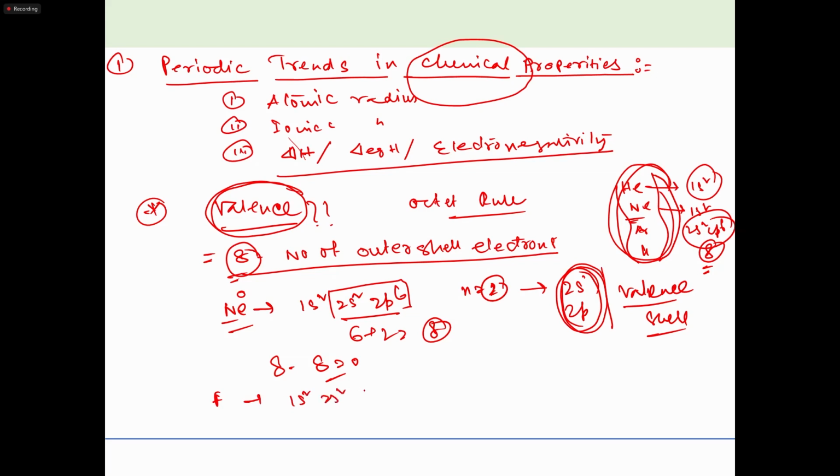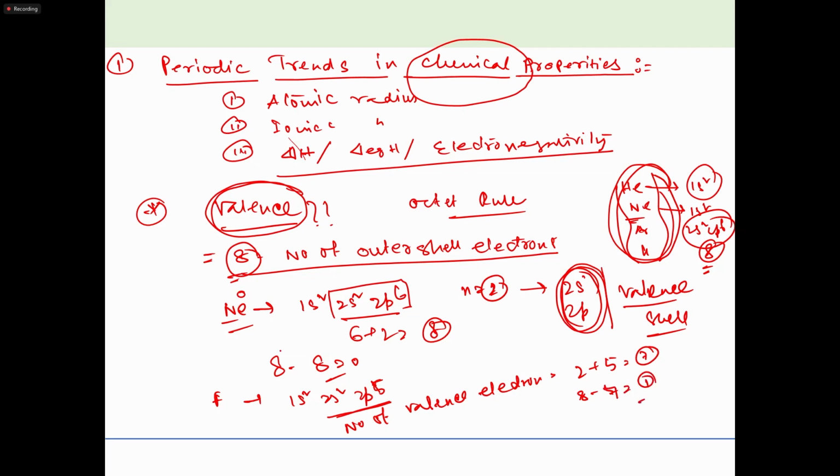1s2, 2s2, and 2p5. This is 5. So the valence shell is 2s and 2p. Now the number of valence electrons equals 2 plus 5 equals 7. Now what will be the valency? 8 minus 7 equals 1.